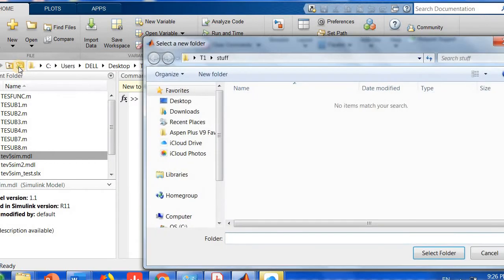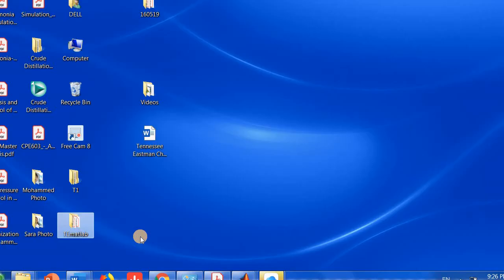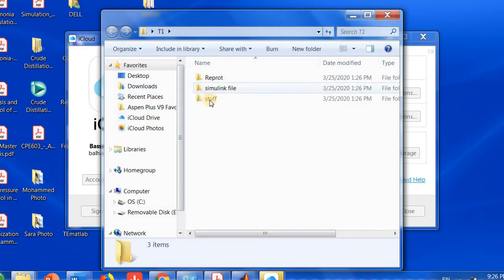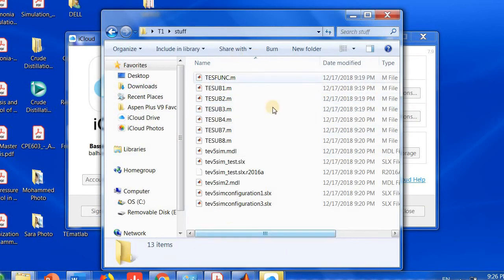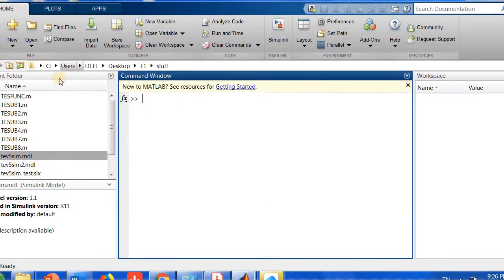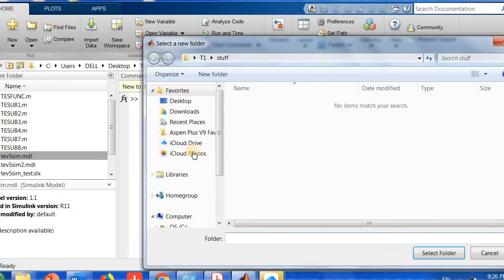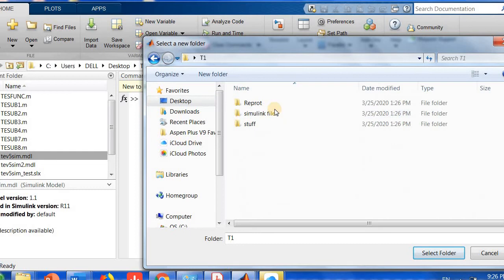I also have it stored under something called stuff here, and I just want to show that to you. If you go to T1 stuff, you see all the files here. So you need to go to the folder that contains those files. How to do this? You double click on that, and you go to your file T1 stuff.